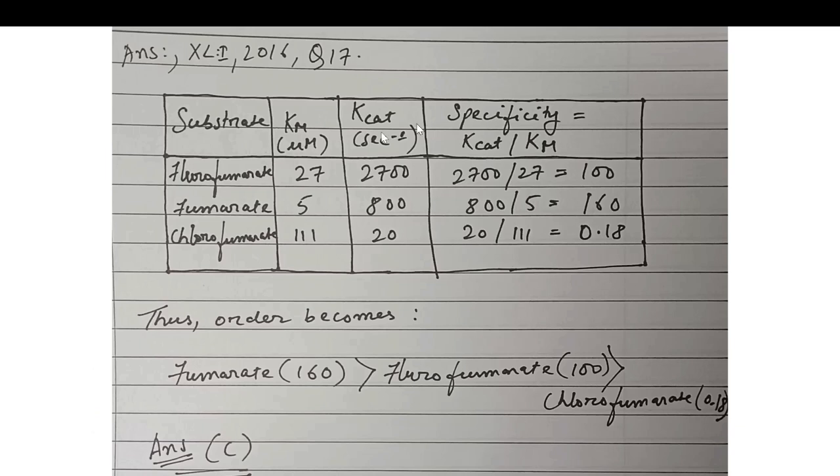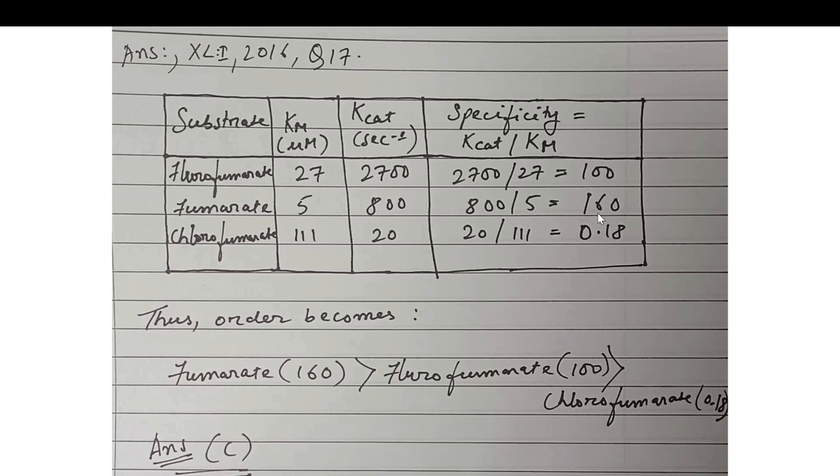Km and Kcat values are given for fluorofumarate, fumarate and chlorofumarate. You only need to know that specificity equals Kcat by Km. Divide 2700 by 27, similarly do it for fumarate and chlorofumarate, and you will find these values.